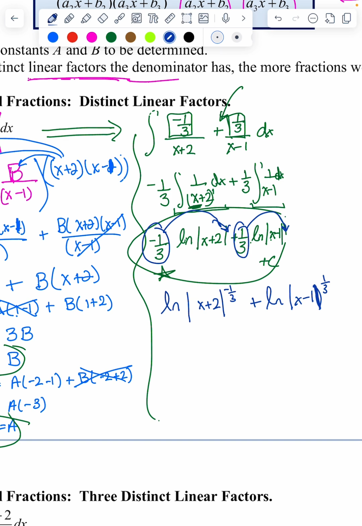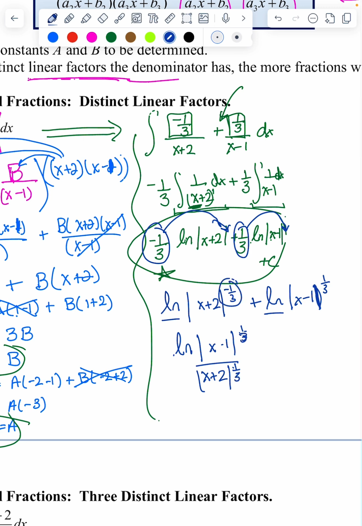Okay. And then once they clean this up, you have two ln's. So you can combine those two, right? So this becomes ln of x minus 1 to the 1/3 divided by x plus 2 to the 1/3.